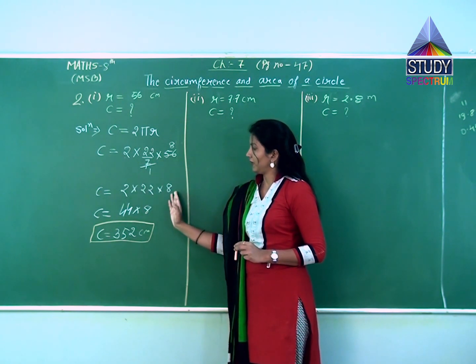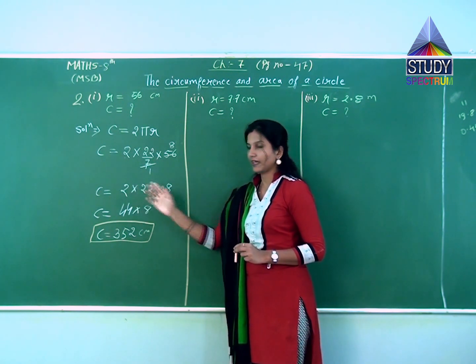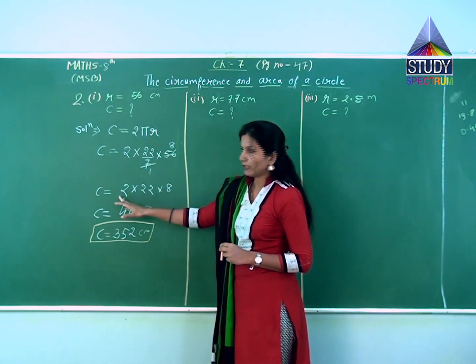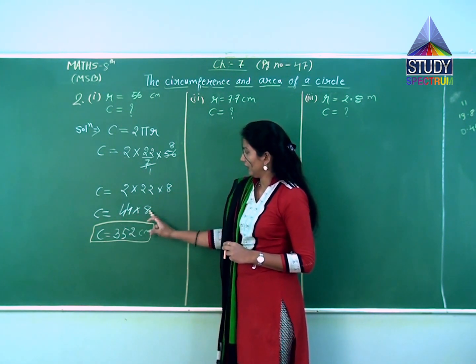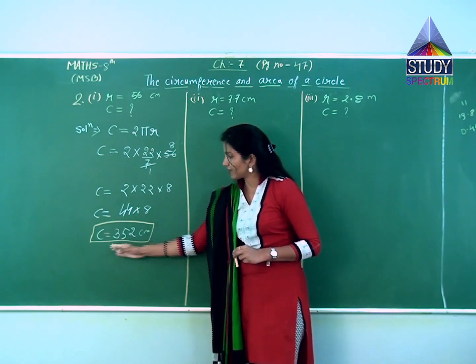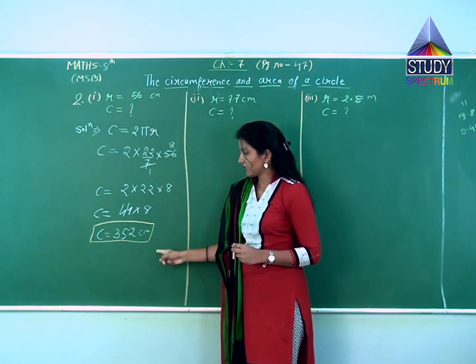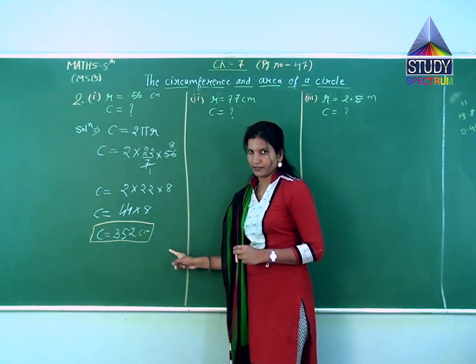We can multiply 8 by 2, 8 2s are 16 and then 22 by 16. But here we have multiplied 22 by 2, that is 44, and into 8. And the answer for the circumference of this circle, which is having radius 56 centimeter, is 352 centimeters.